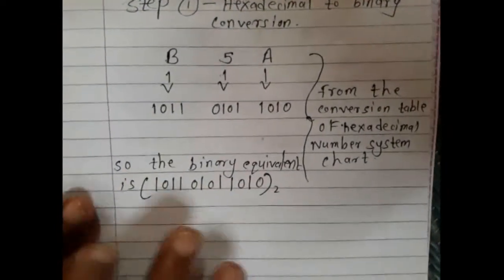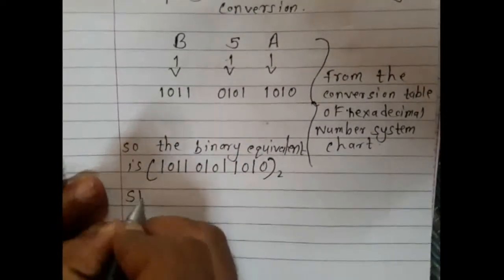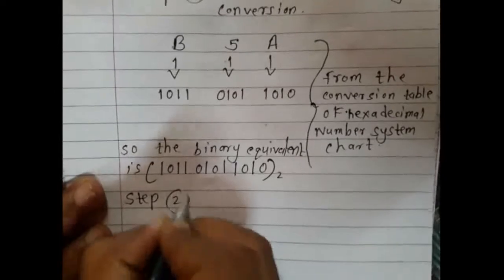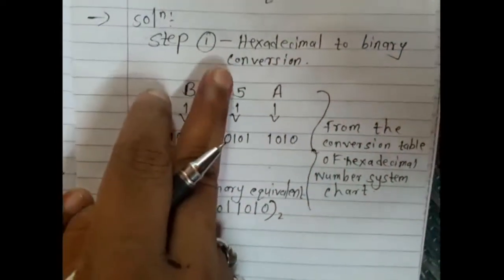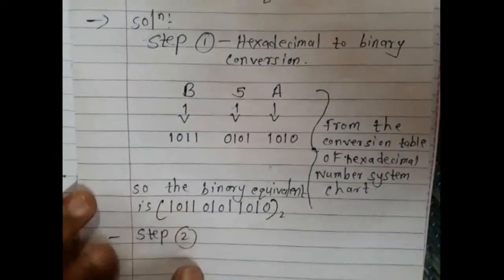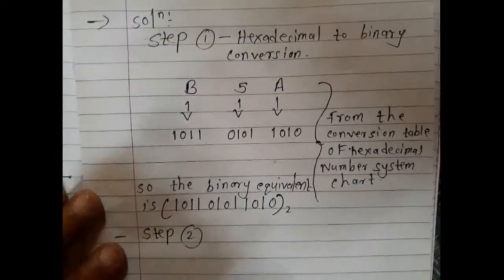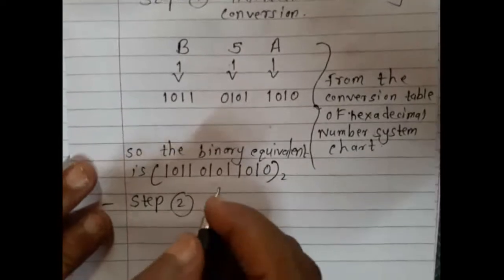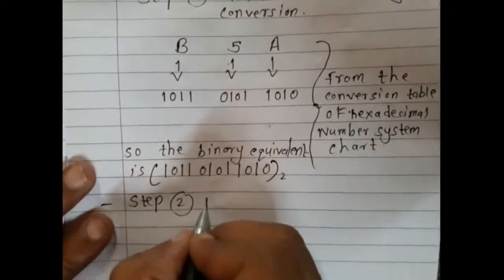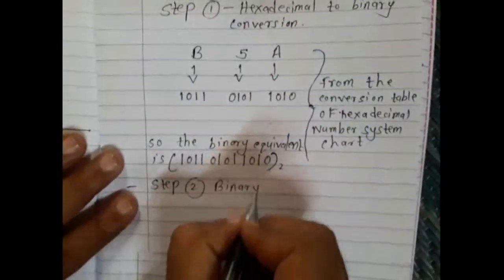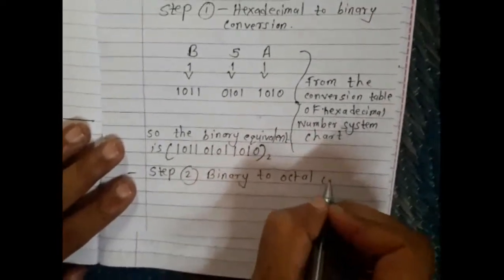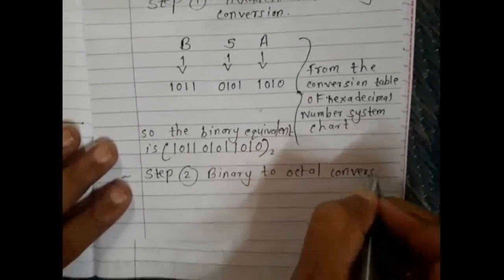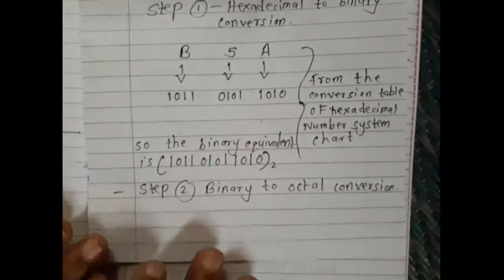Now step 2, students. What is step 2? This is step 1 and this is step 2. Step 2 is binary to octal conversion.